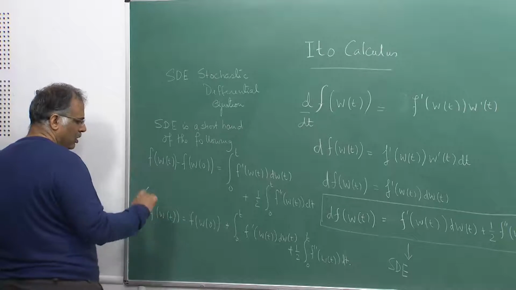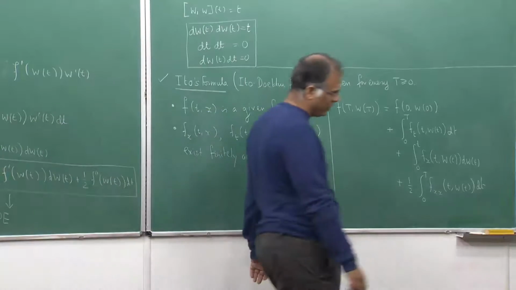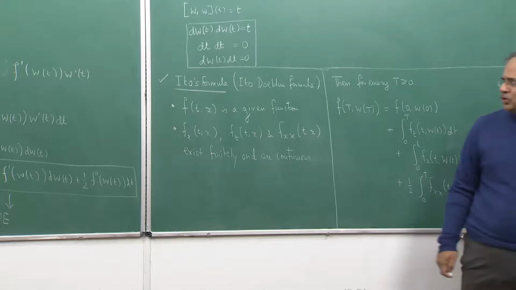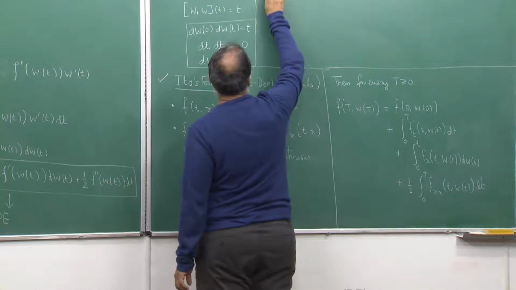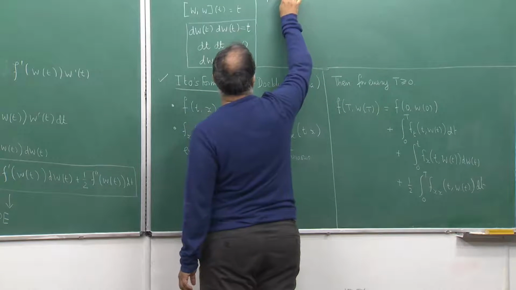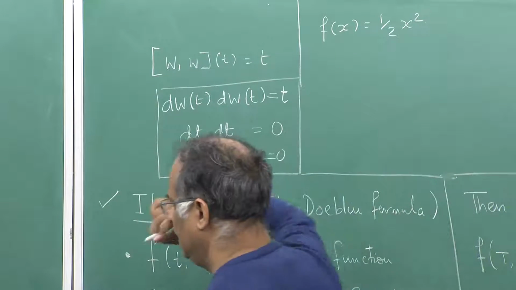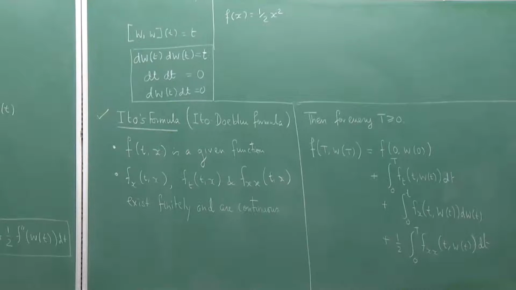So our job now would be to consider a function f(x) equal to half x squared and show that this actually holds. That will give you a fairly good idea about how to proceed. So let us fix t greater than 0 and then do a partition and proceed.